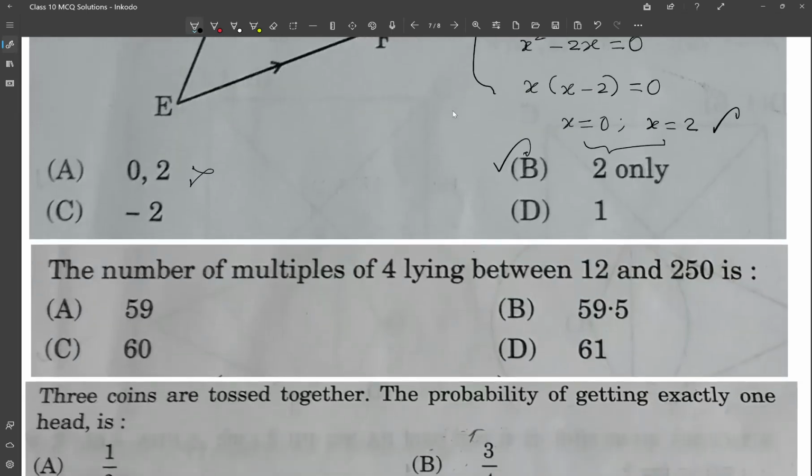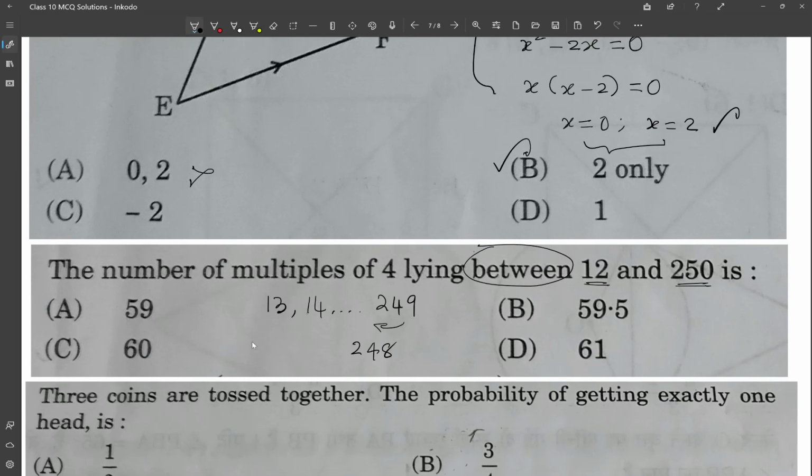The number of multiples of 4 lying between 12 and 250. It says between, which means you will have to skip the starting number and skip the final number. You will have to take numbers starting from 13, 14 and so on until 249. So before 249 you have 248.